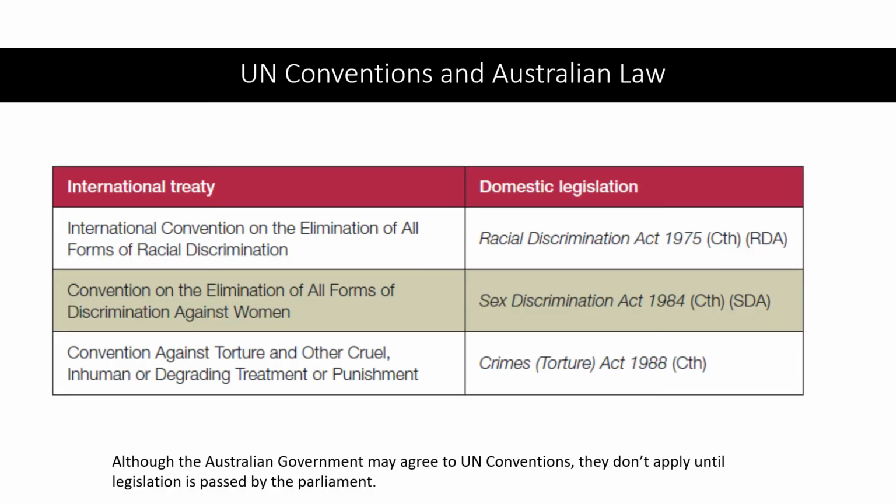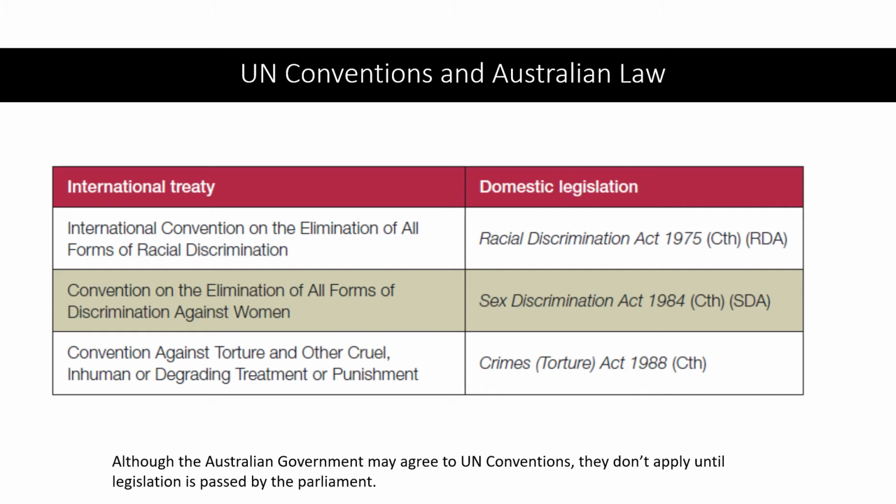So, of course, because Australia is a nation of immigrants, racial discrimination has been a constant problem in Australian history. And the United Nations, after the Second World War, looked at racial discrimination in particular, and it came up with the International Convention on the Elimination of All Forms of Racial Discrimination, which is ICERD for short.